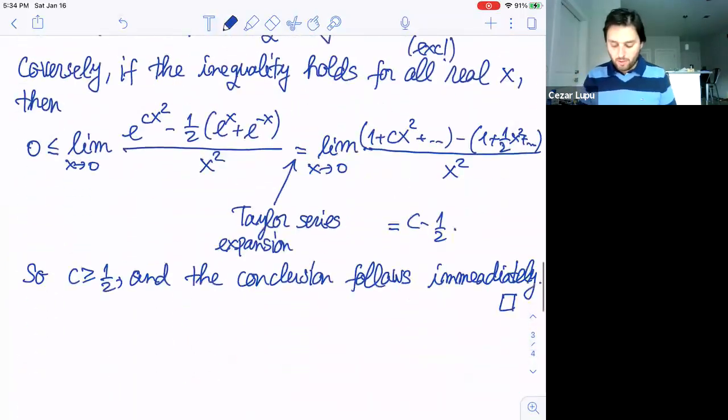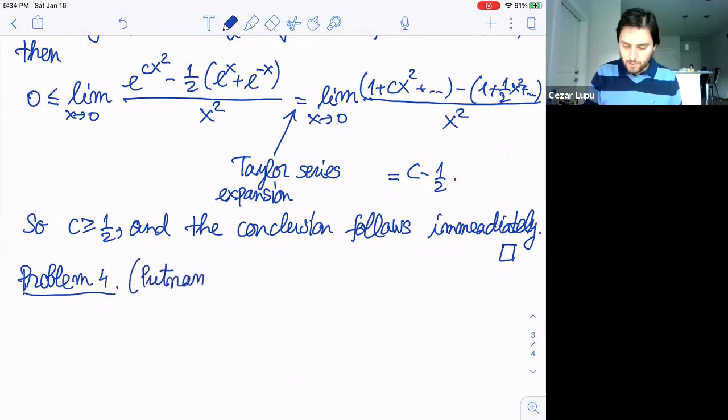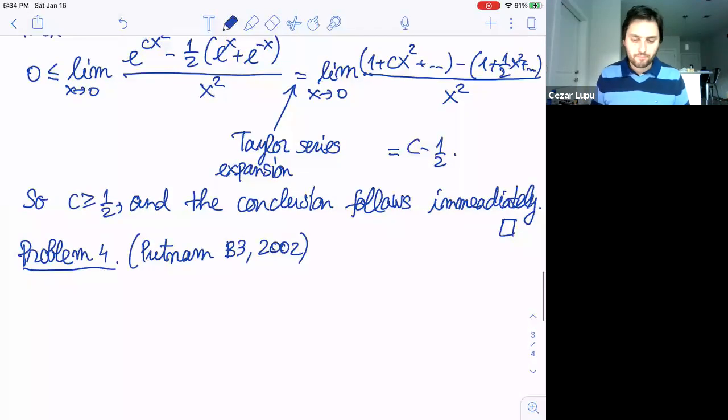Anyway, in the same spirit, I'd like to do the following problem. Again, this was a Putnam problem. So problem 4 was a Putnam, and you will see that I will use a very, very similar idea. It was Putnam B3 in 2002, and the problem says the following.